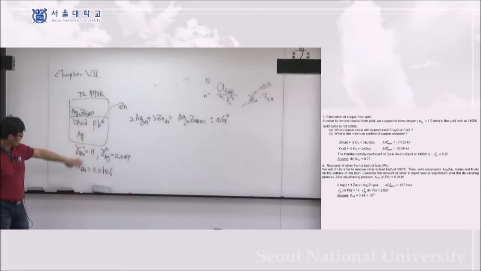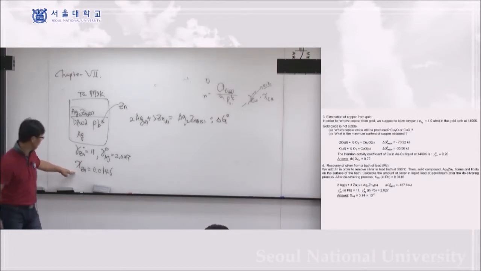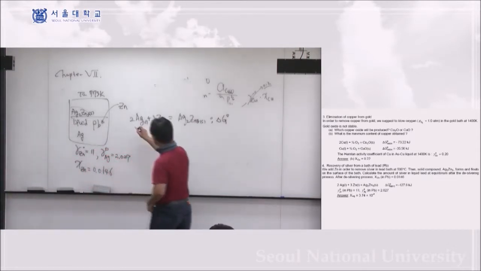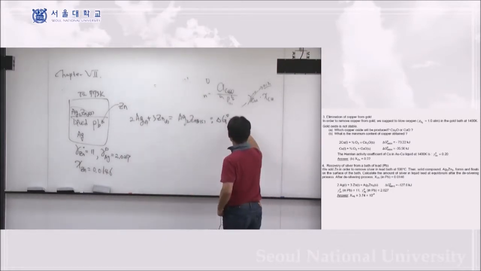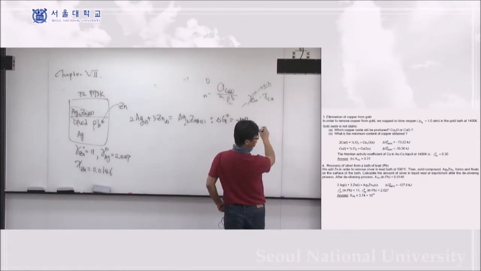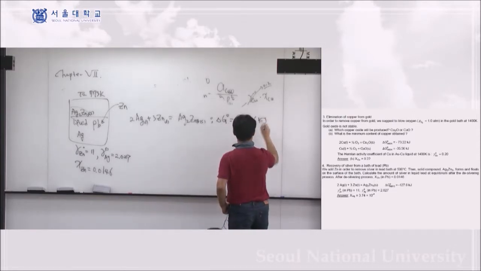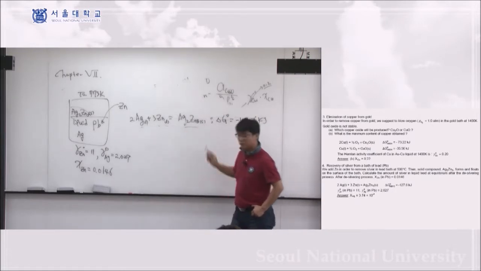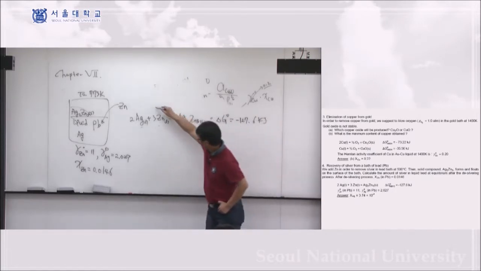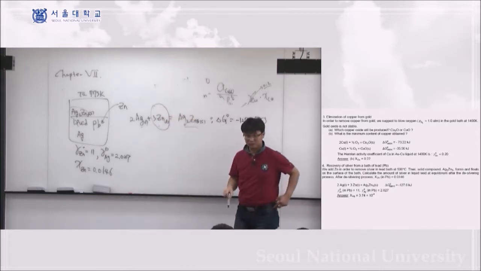We can add more Zn, but if you add more and more, it's also more and more difficult to remove. So we want to control the final zinc content at 0.0146 mole fraction. From this chemical reaction, the Gibbs energy is minus 127.6 kilojoule. So the whole idea is that if I want to make this, we have to find what this would be.